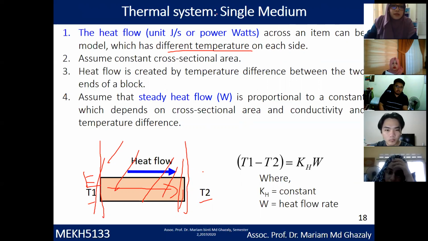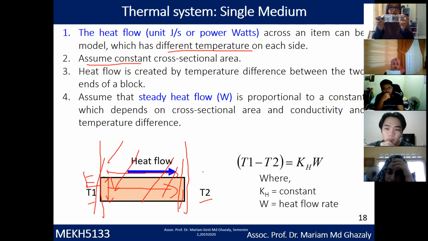Assume a cross-sectional area that has the same value from this part until this part, similar to the tank just now. For the tank, we were talking about the cross-section from top to bottom being the same value. Right now, if we cut my sweater, this is the cross-section of my sweater, a zoomed view. Heat flows from the temperature of the environment to your body.